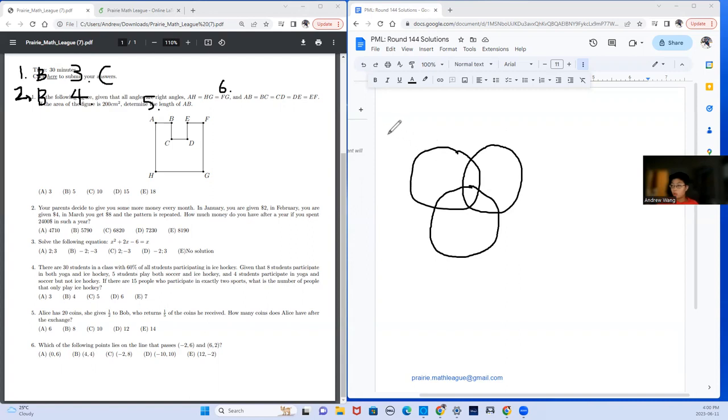So we'll put H as ice hockey, and that is the uppermost left circle will be H, and Y is yoga, and we will put that as the uppermost right circle and label that as yoga.